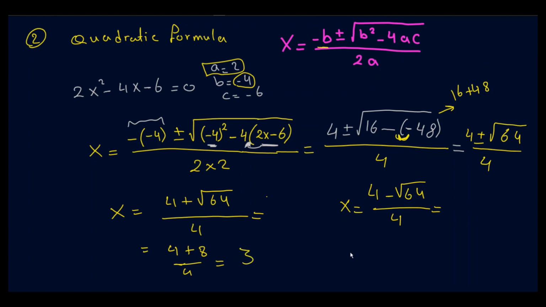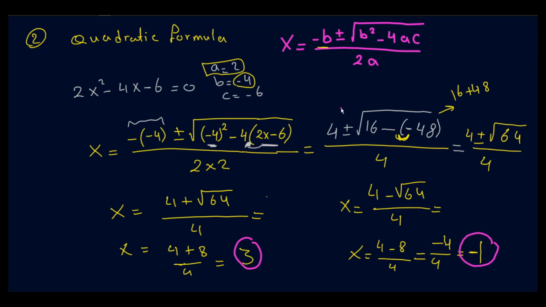And over here x is equal to 4 minus 8 over 4, which is -4 over 4, equal to -1. So x is equal to 3 and -1.